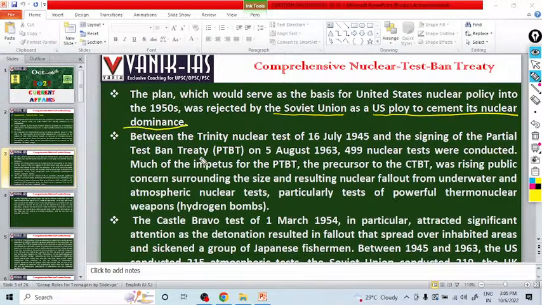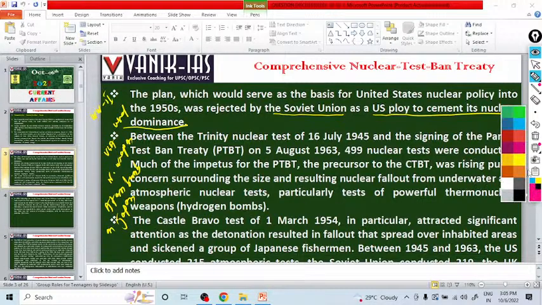Why? Because during the World War II period, USA used nuclear weapons, the atom bomb, on Japan and proved its dominance.